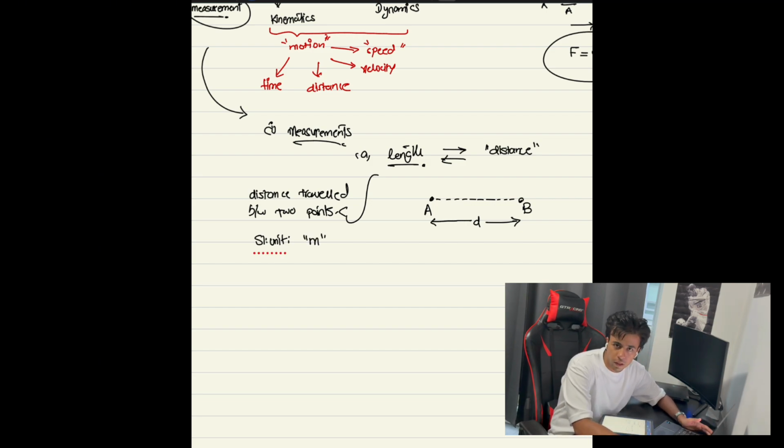I feel like this is a basic thing that we know, because ever since you were born and ever since you've been talking, whenever you hear someone talk about how far a place is, you tell someone that it's 5 kilometers from here, or in North America you say it's 5 miles from here, right?